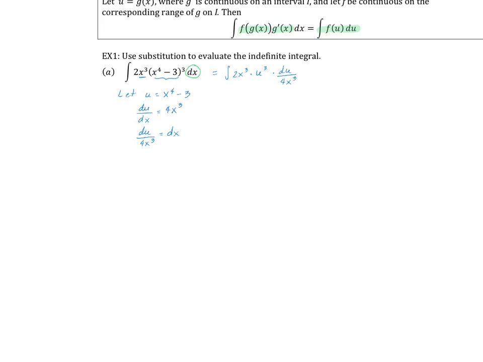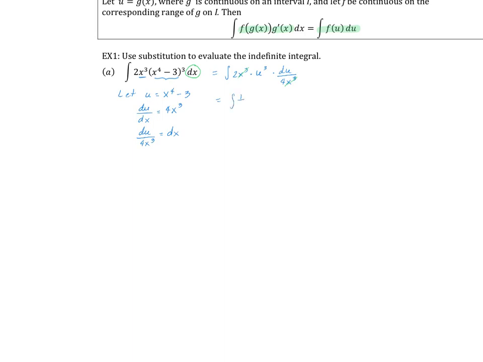I cannot evaluate this integral because I'm supposed to be integrating with respect to u, and I still have x's in here. But notice that the x to the thirds will cancel because of the clever choice of my u. And I can also reduce the 2 over 4 to 1/2. So this is what the integral will now look like.